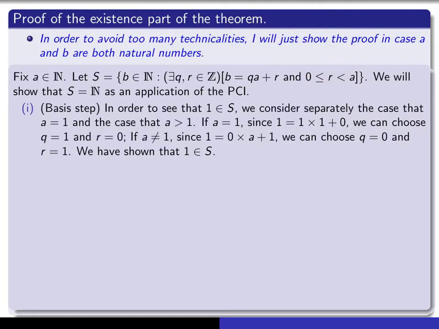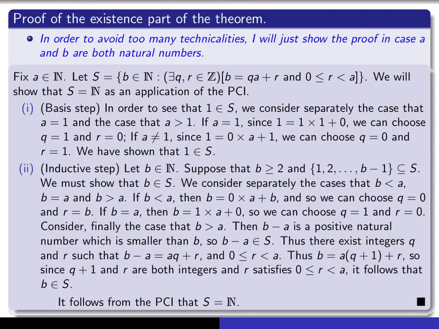That takes care of the case where a is equal to 1. If a is not equal to 1, that means a is bigger than 1. Then we can write 1 as 0 times a plus 1, and this 1 is smaller than a, so we can choose q to be 0 and r to be 1, and that will satisfy the conditions of the theorem. So that means we've shown in any case that 1 is an element of S. That's the end of the proof of the basis step.